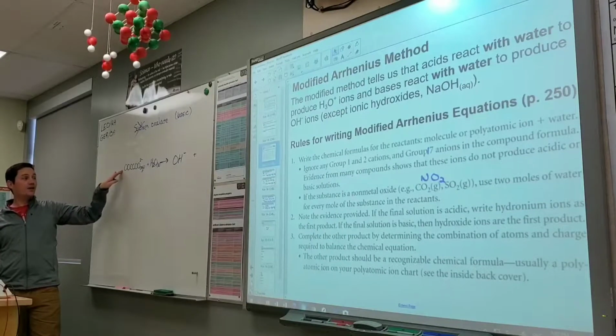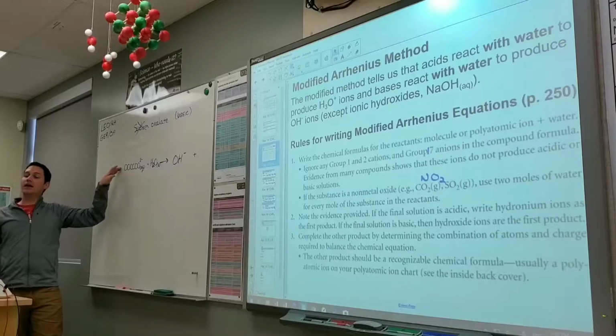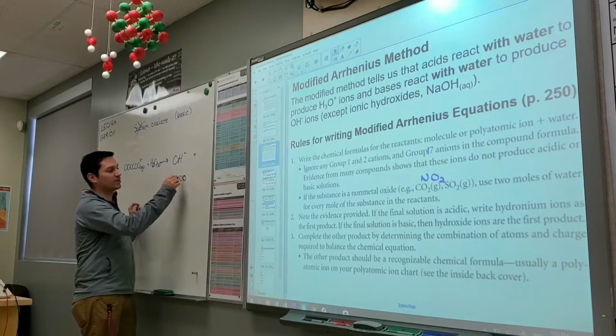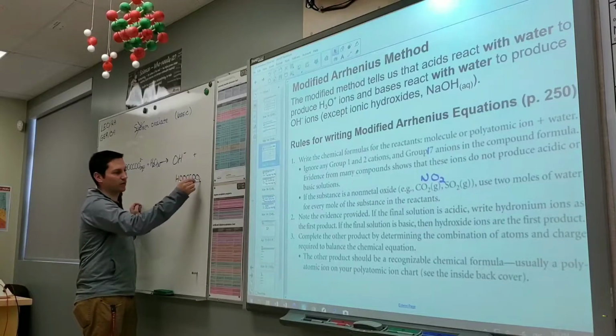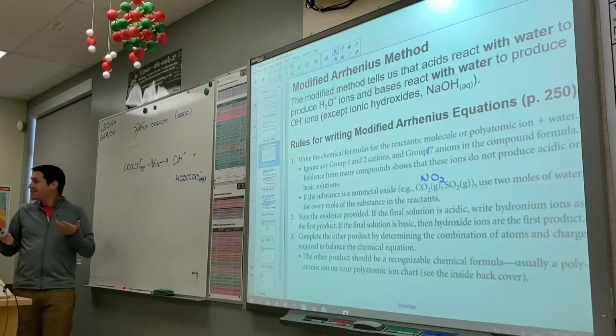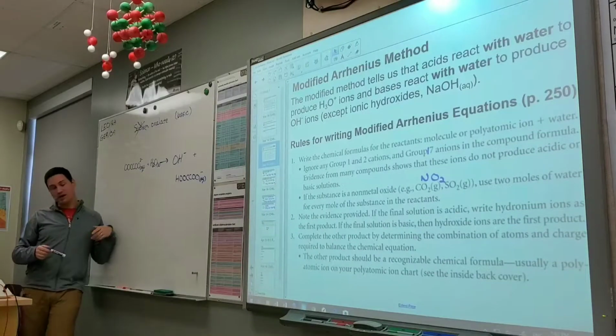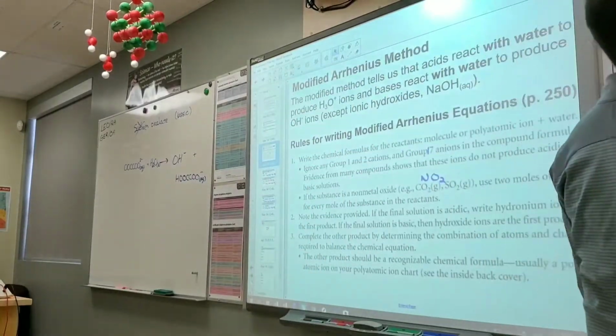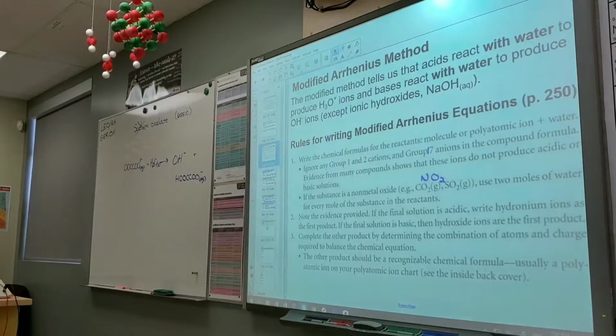It would be hydrogen oxalate, HOOCCOO. Is hydrogen oxalate something you've maybe seen before? Yes, absolutely. You can see it on your table of polyatomic ions, right in the middle, hydrogen oxalate, right there.